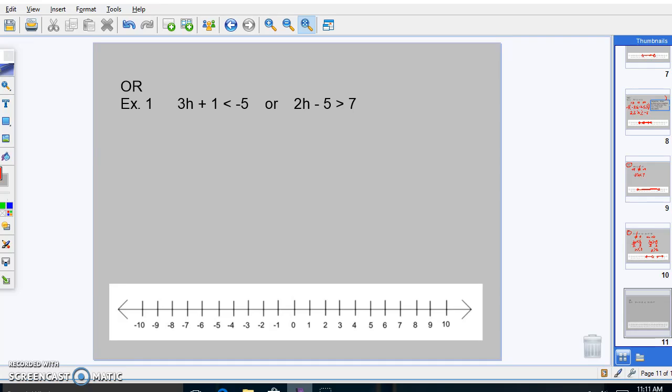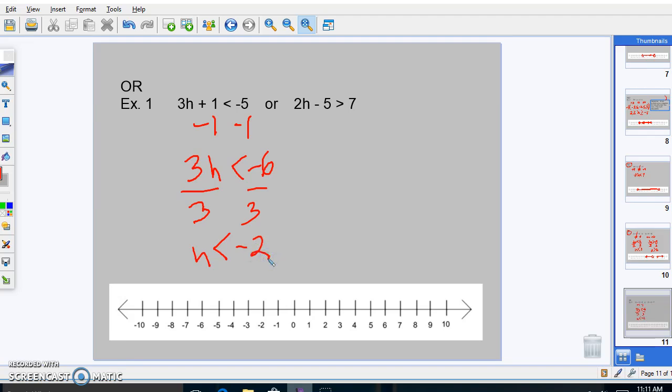All right, here's another example. We're not using the variable x, but it's still treated the same way. So we're going to subtract 1 on both sides. You're left with 3h is less than negative 6. Divide both sides by 3, and h is less than negative 2.